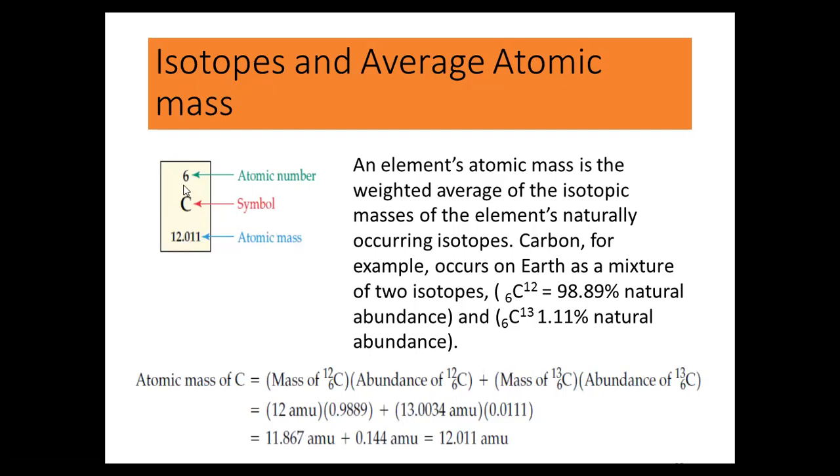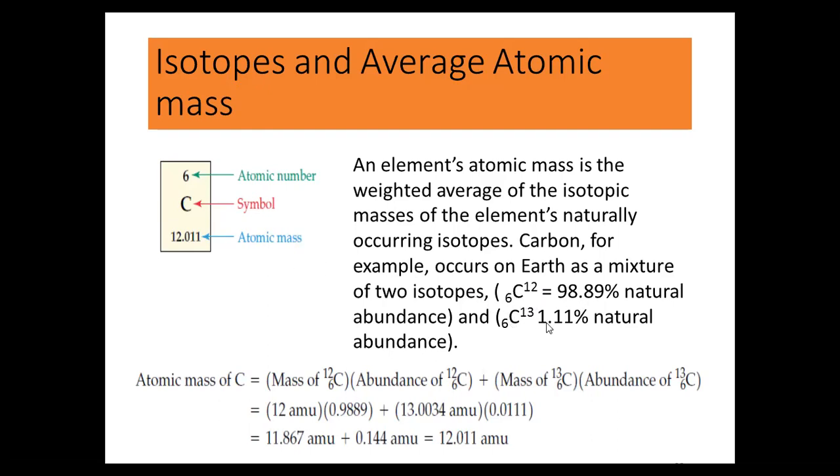Generally, in the periodic table, the elements have an average atomic mass. Average atomic mass means the sum of the masses of all the isotopes of the respective element. I am going to show how to calculate this 12.011.